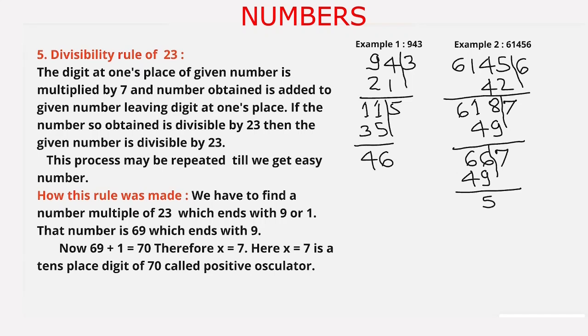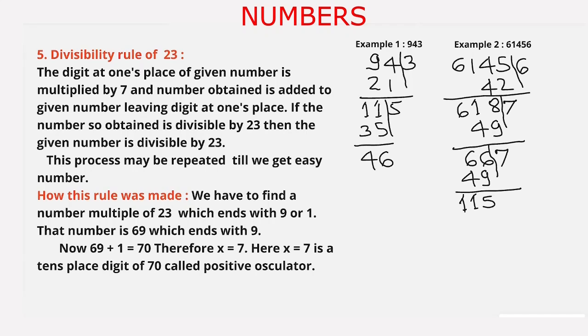We carry 1. 6 plus 4 is 10 plus 1 is 11, and we know that 115 is divisible by 23, as 5 times 23 is 115. Therefore, the given number 61456 is also divisible by 23.